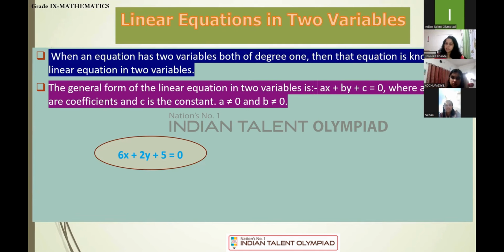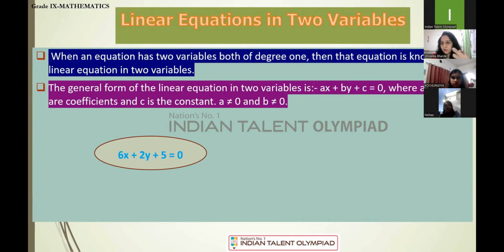But in an exceptional case, sometimes to keep it a linear equation in two variables, we write 6x plus 0y plus 5. Generally we don't take the value of a and b as 0, but it can happen with some conditions.